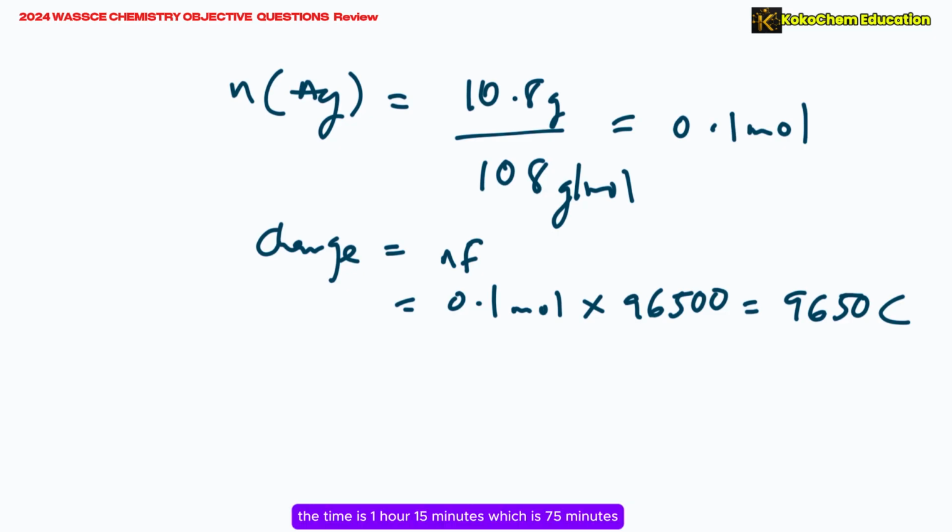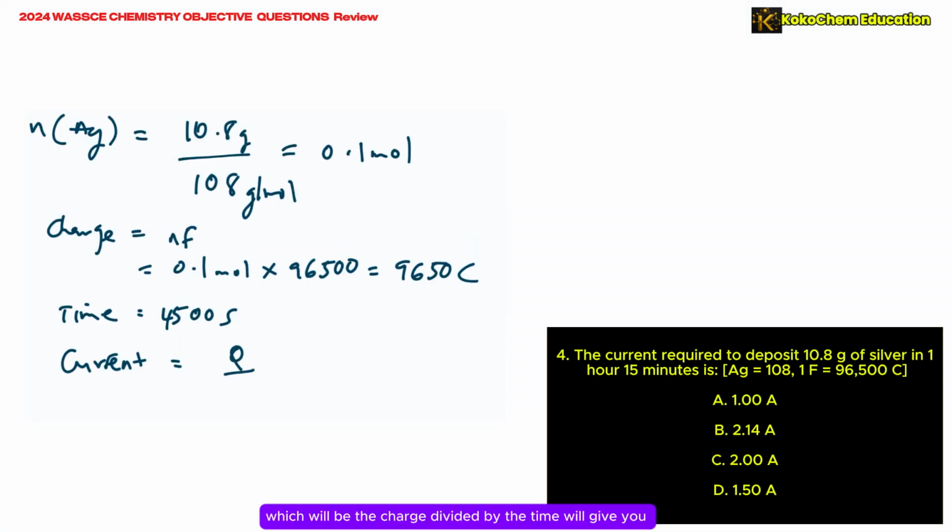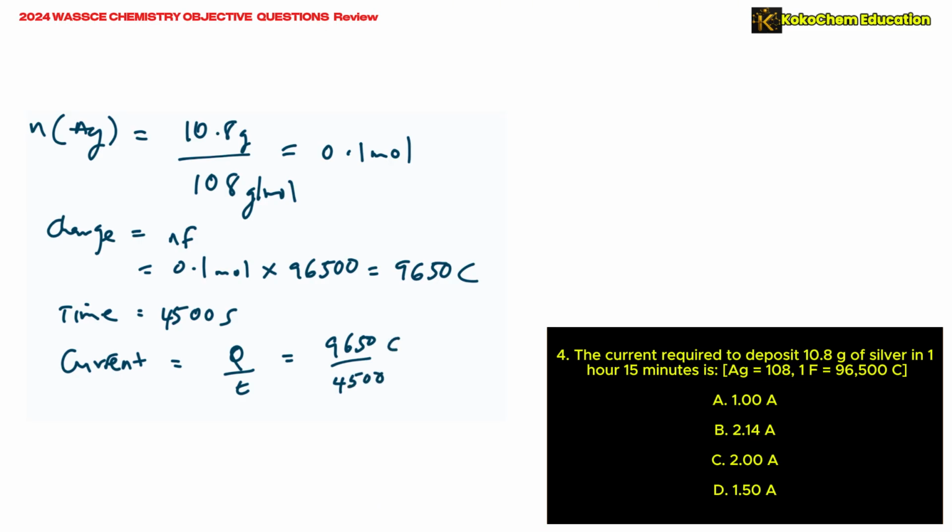The time is 1 hour 15 minutes, which is 75 minutes. So time converted to seconds would be 4500 seconds. Therefore, the current, which will be the charge divided by the time, will give you 9650 divided by 4500 seconds. You will have 2.14 amperes.